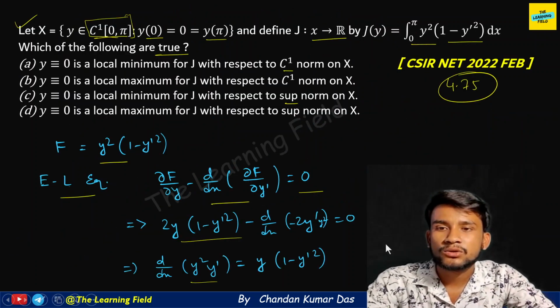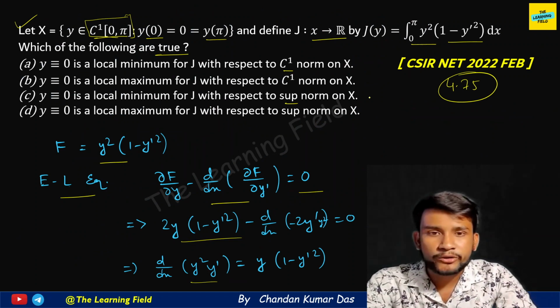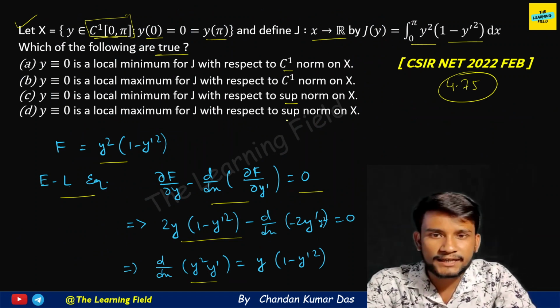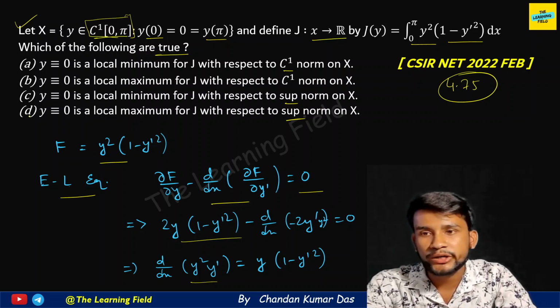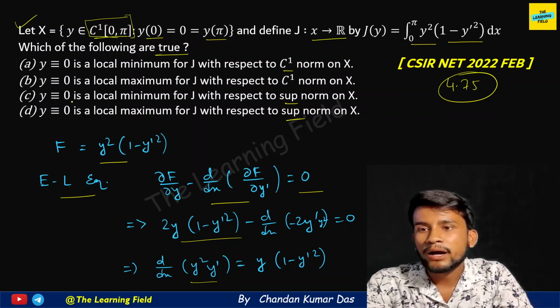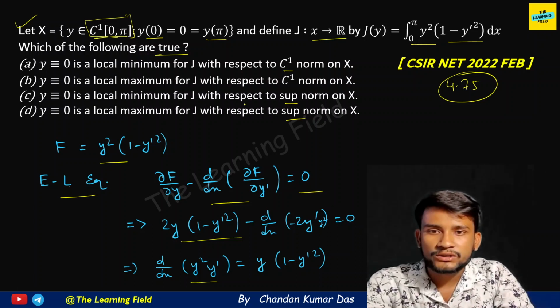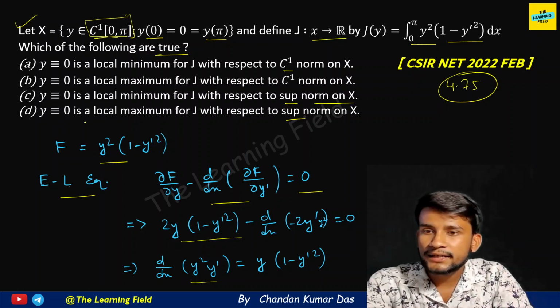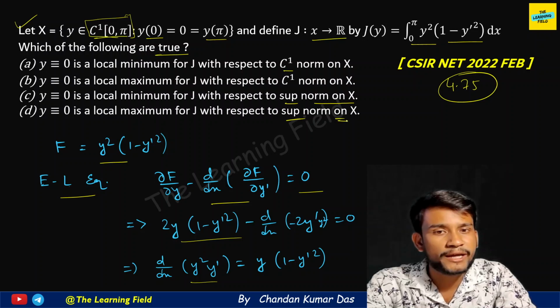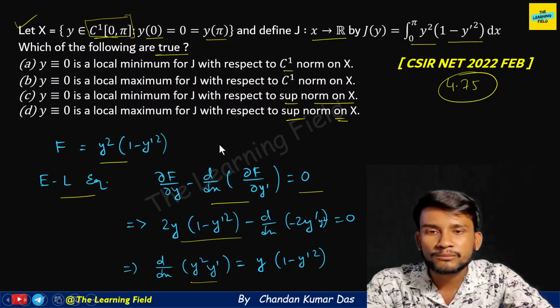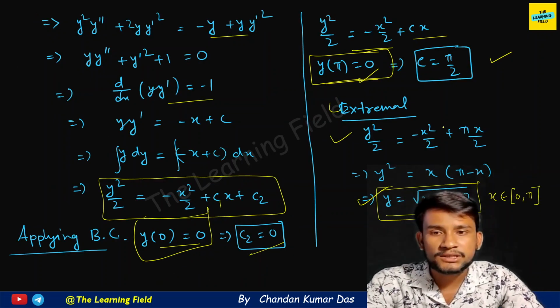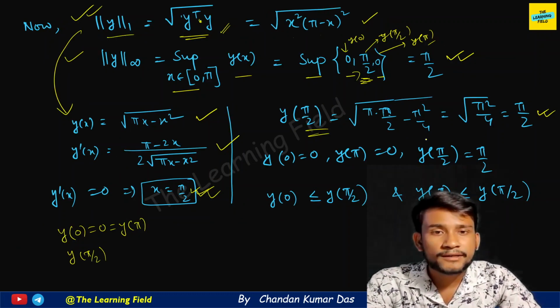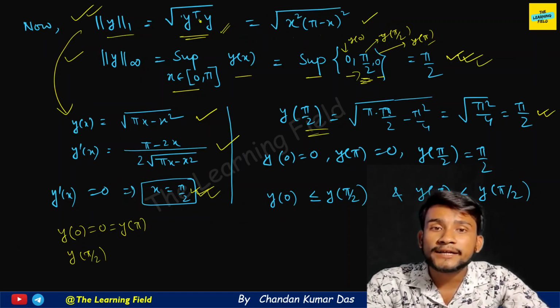For the supremum norm, we first read options C and D, which contain the supremum norm. Option C says that y identically 0 is a local minimum for J with respect to the supremum norm. But here the supremum norm of y we get is pi by 2, which is not identically 0.